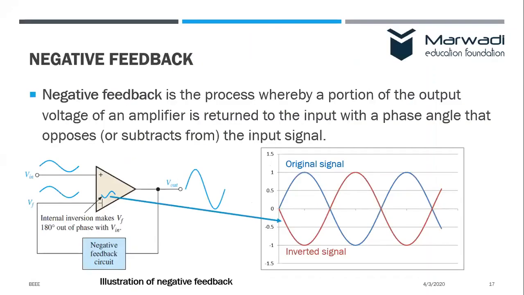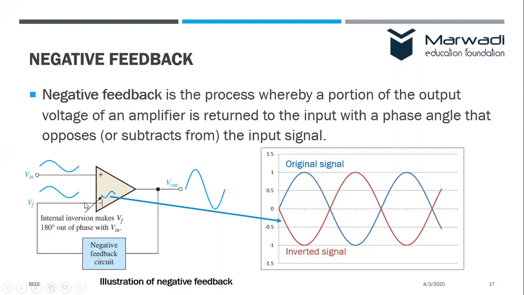Now, starting from a very important term, and that is negative feedback. Negative feedback is the process whereby a portion of the output voltage of an amplifier is returned to the input, with a phase angle that opposes the input signal.